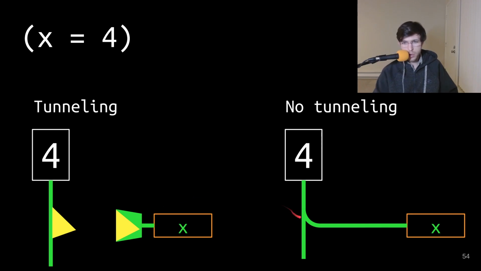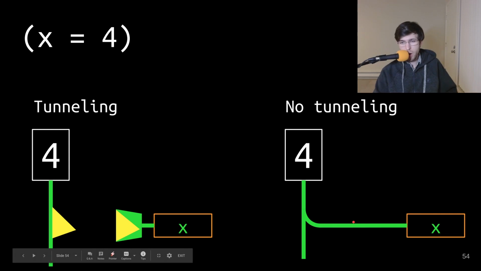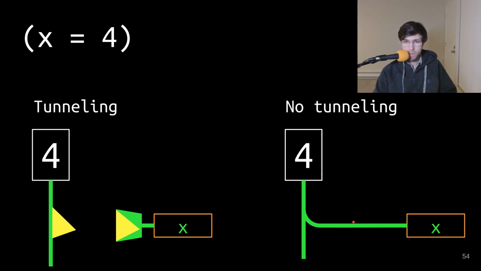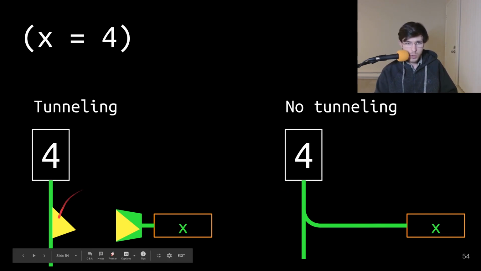The colors of wires are pretty much random. In Glance, they're just assigned arbitrarily. It just tries to make them different colors so you can distinguish the different wires from each other. So for a tunnel, you have one triangle, and then there's an invisible wire to the second triangle.